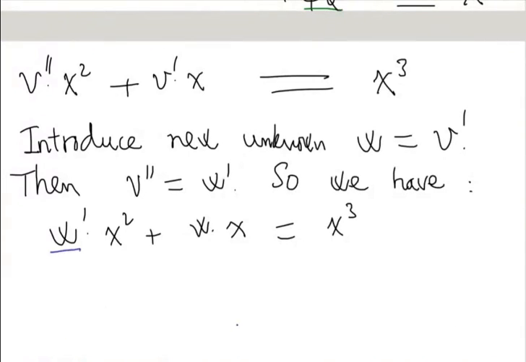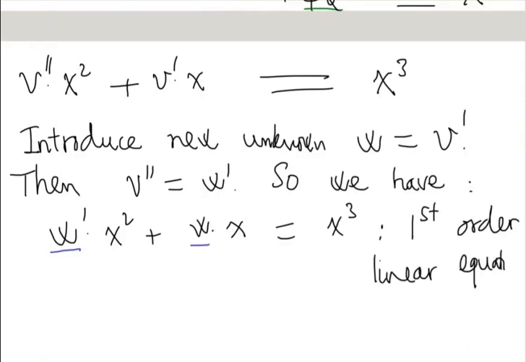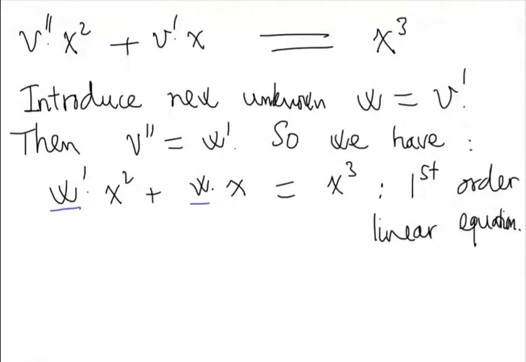So by introducing w, we have a new equation in w, which is a first order linear equation. And this is the reason why the method is called reduction of order. We begin with an equation of second order.